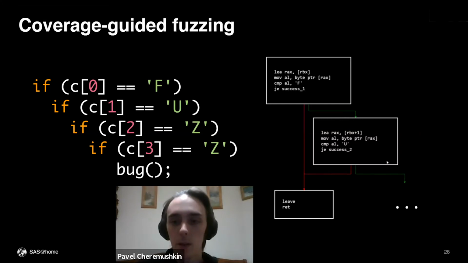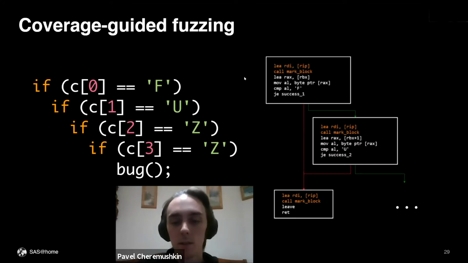It is compared to the byte U. But if inside the first basic block the check didn't succeed, we would go to the red branch, and we would just leave this checking function. So what does this fuzzer do? It marks every basic block with some instructions. So it would be able to detect new basic blocks have been covered by mutated input.